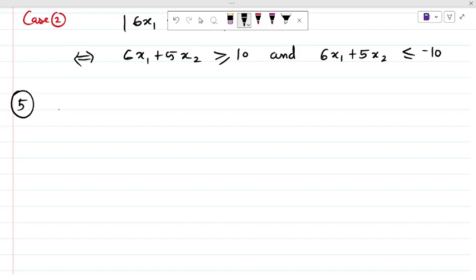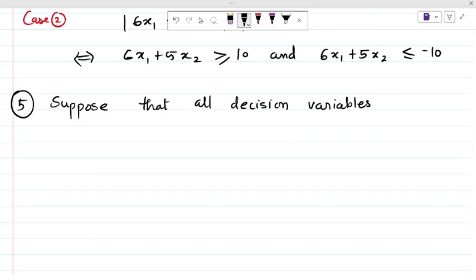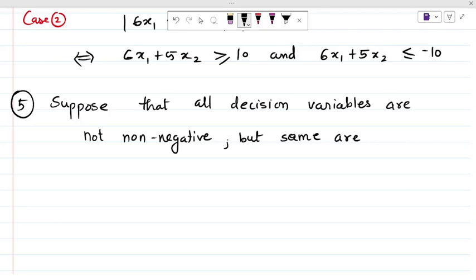So suppose that all decision variables are not non-negative, but some are unrestricted.